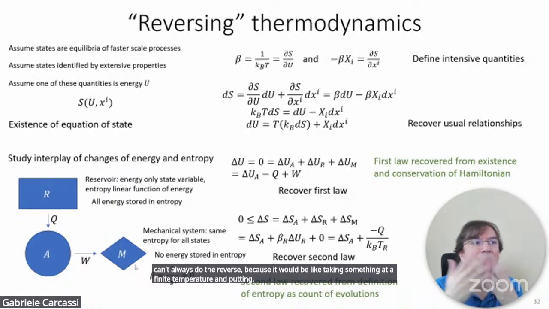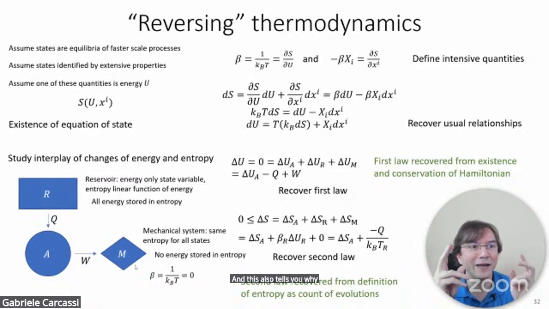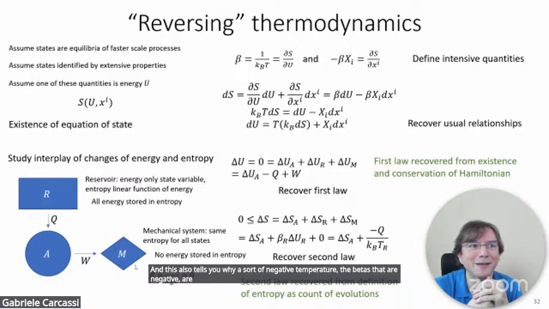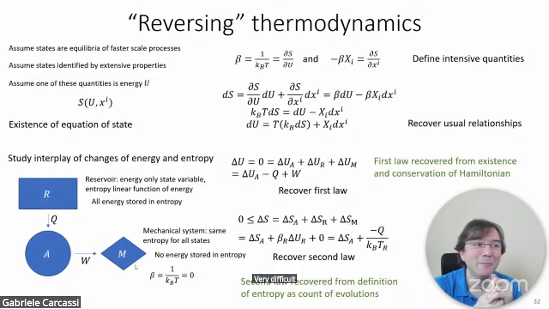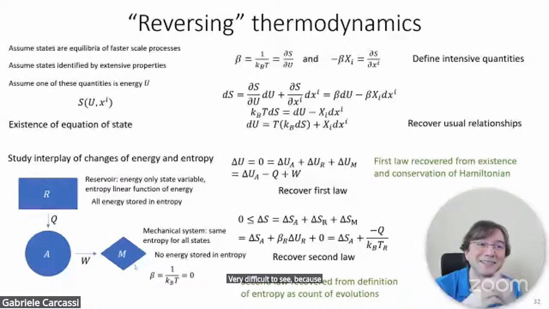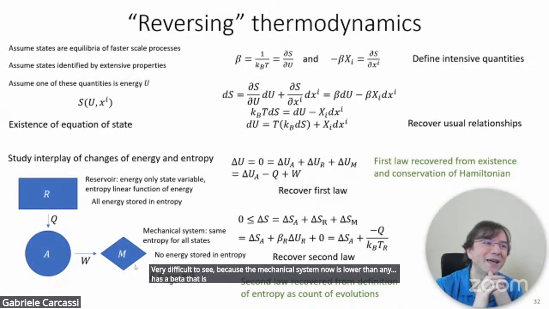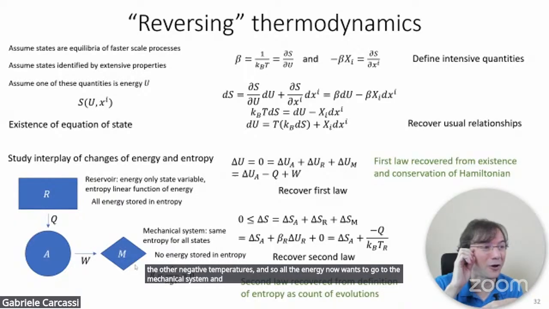And this also tells you why negative temperatures, the betas that are negative, are very difficult to see, because the mechanical system now has a beta that is in some sense lower than all the other negative temperatures, and so all the energy now wants to go to the mechanical system and get out of the states with negative entropy.